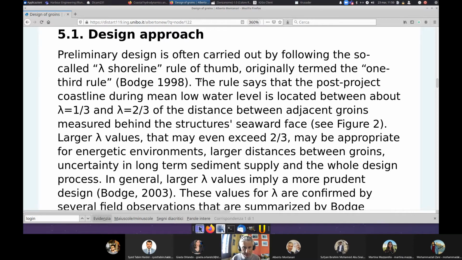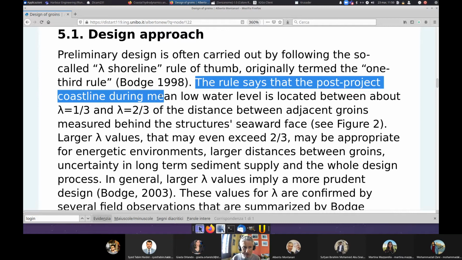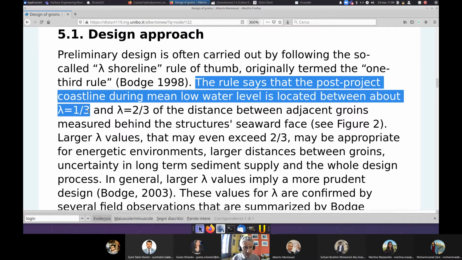The rule says that the post-project coastline, during mean low water level, and we will see how to estimate it, is located between about lambda equal 1/3, which is the reason for calling it the 1/3 rule, and lambda equal to 2/3 of what?